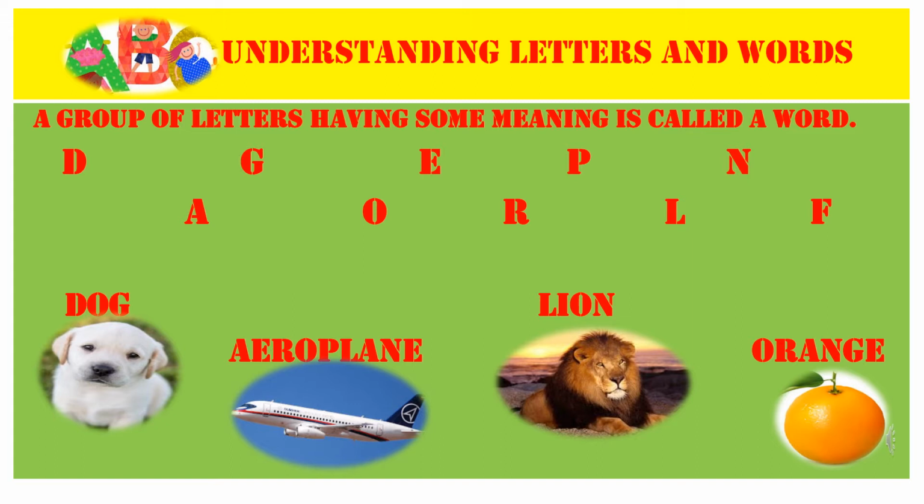Same way, next picture, lion. Now, if you can form the word lion by putting together letters. Lion. Same way, orange. Again, you can pick up letters from within the alphabets that I have given you, or from A to Z. Children, you can pick up some letters, try to put them together and form meaningful words.